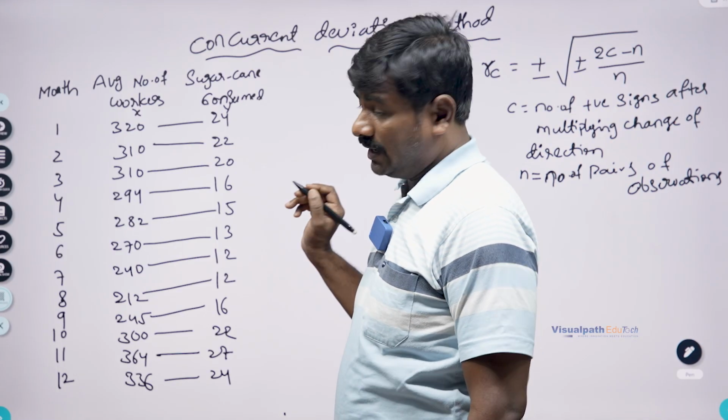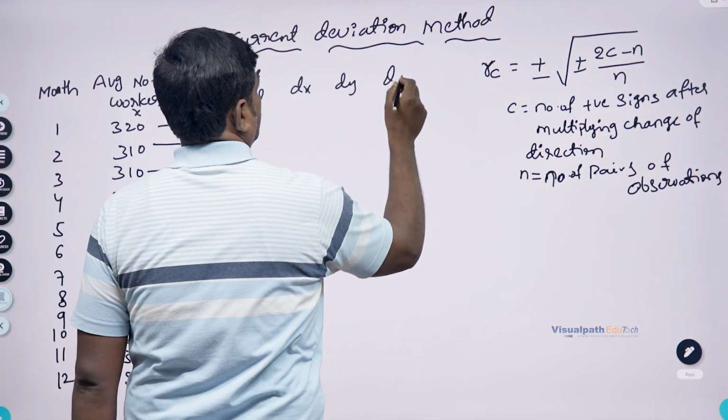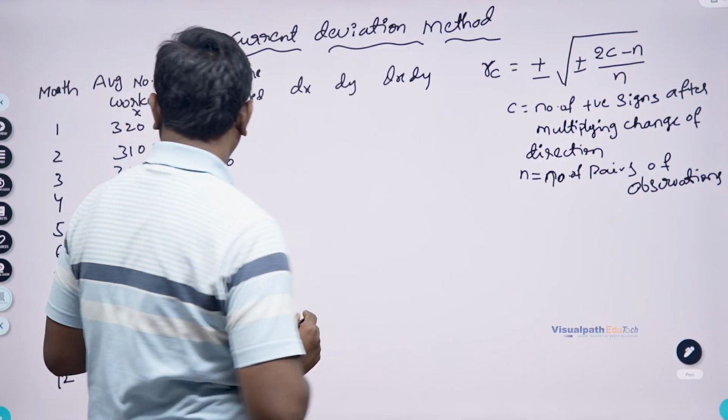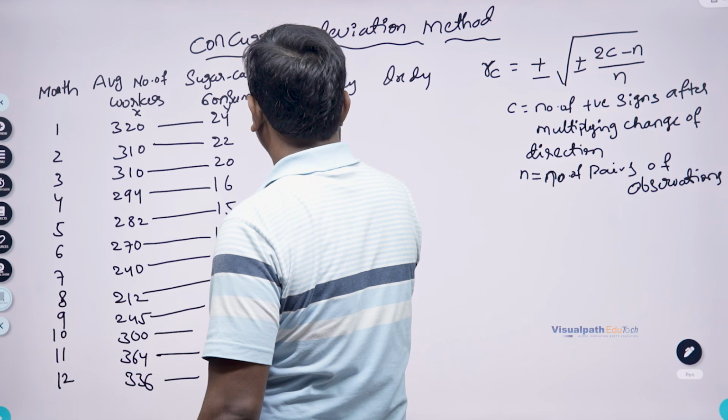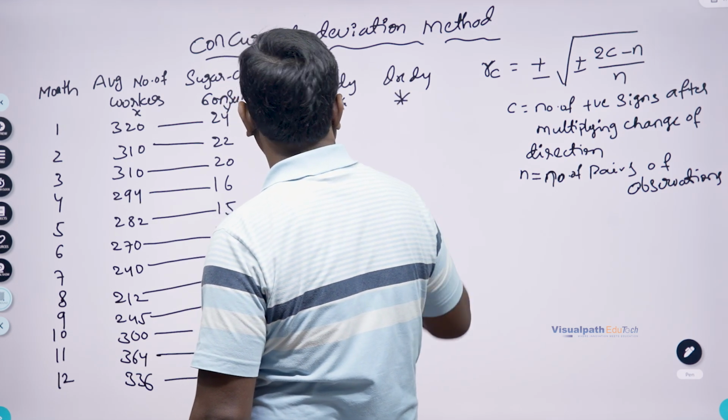Here what we have to do again is calculate dx and dy by comparing. For the first year we don't have the information, so similarly we put a star mark.